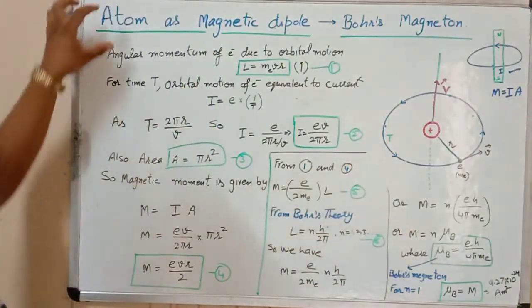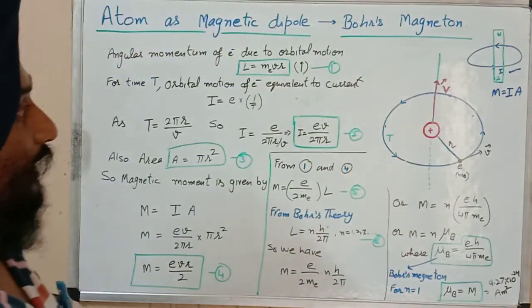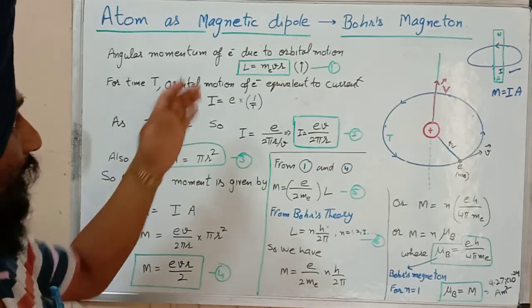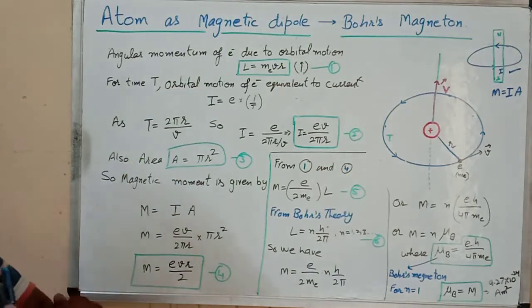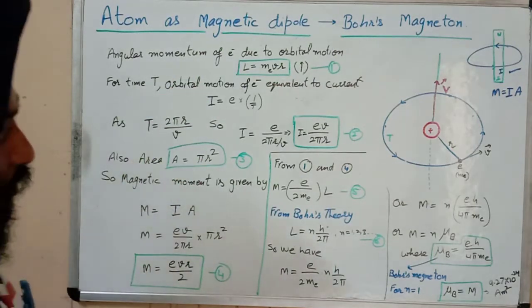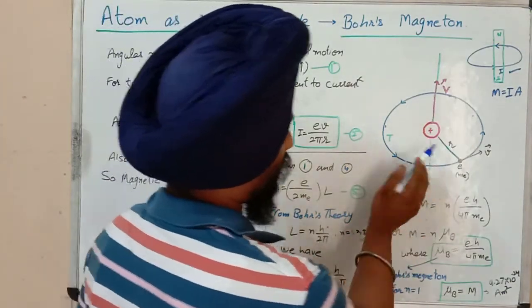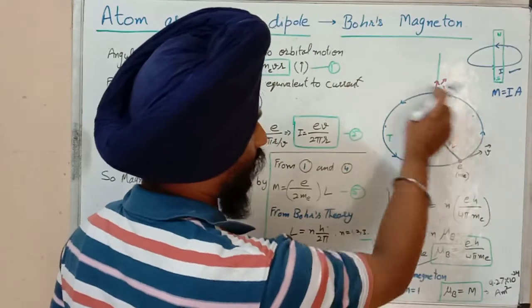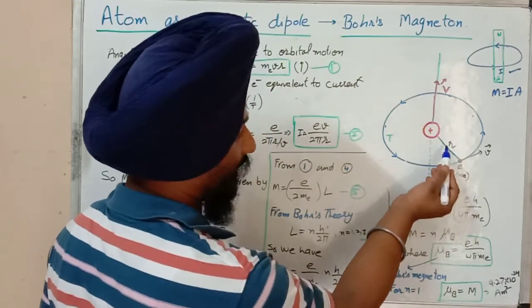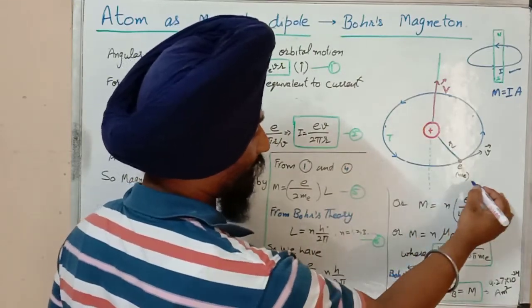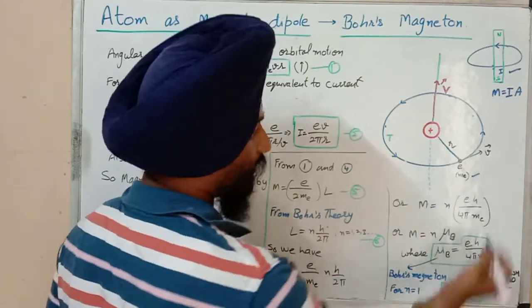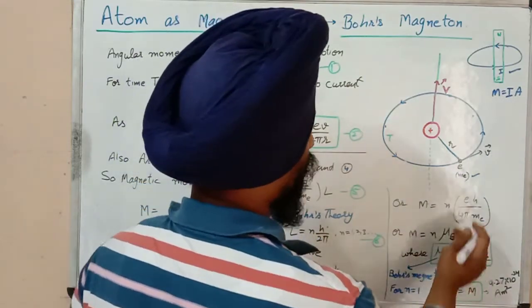Now to prove the atom as a magnetic dipole and to find its magnetic dipole moment, first of all let us consider an electron revolving around the nucleus with radius r, and let me be the mass of the electron and v the velocity.